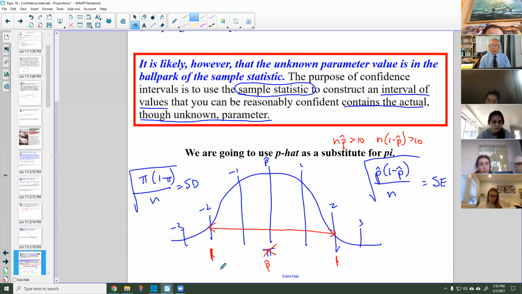I'm going to be 95% confident that pi is going to be somewhere in this range here. And we will actually do that on Thursday.